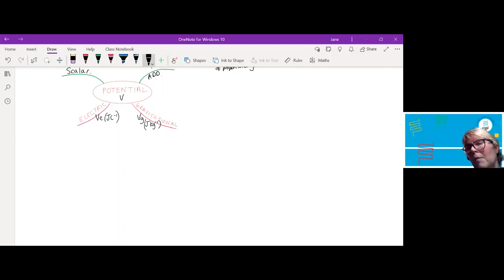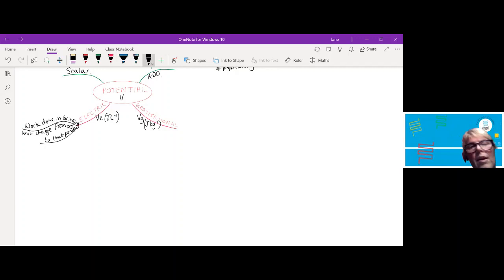So what is it? For electric potential, it's the work done in bringing unit charge from infinity to that point in the field.